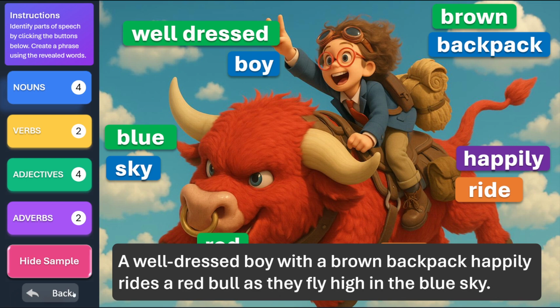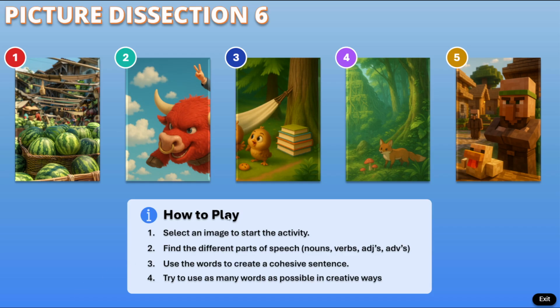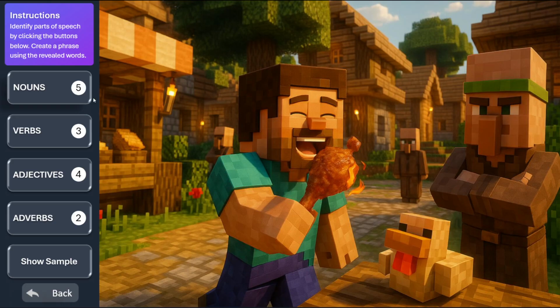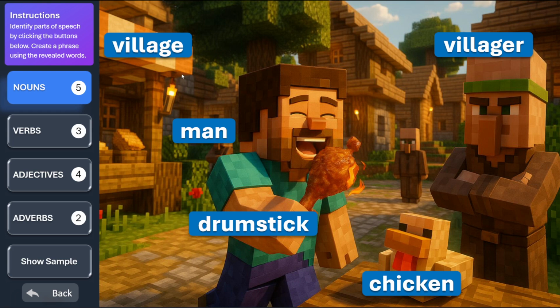So as you can see, it's a really fun way to dissect a picture, and you can do it at your speed or level. Just do the nouns and adjectives, or just do nouns and verbs. So we might just do nouns and verbs in this one. I see a village, a man, a drumstick, a chicken, and a villager.